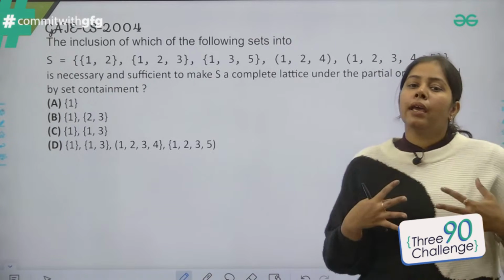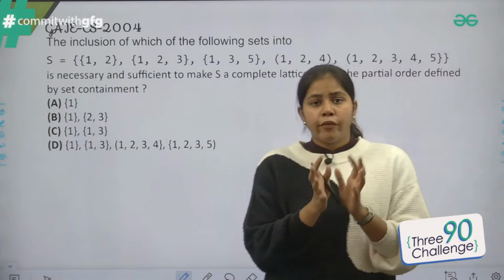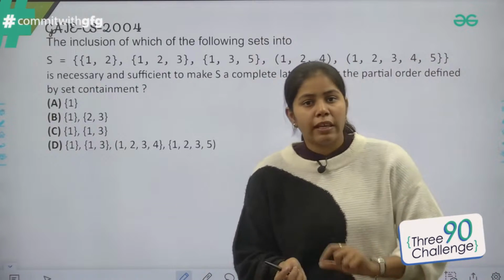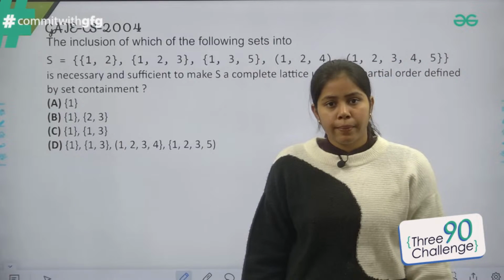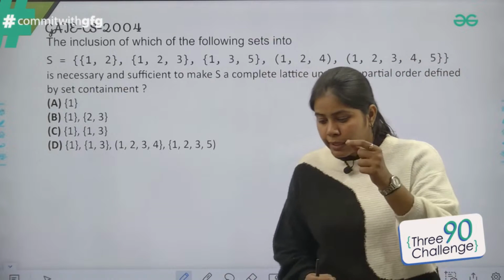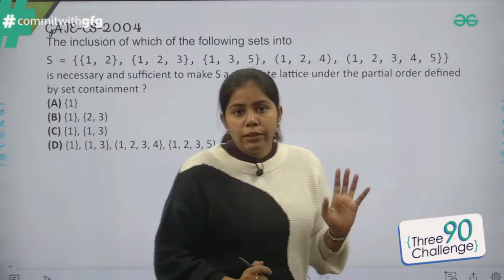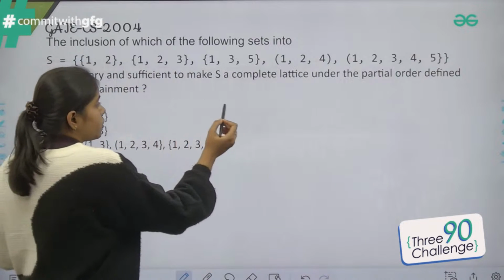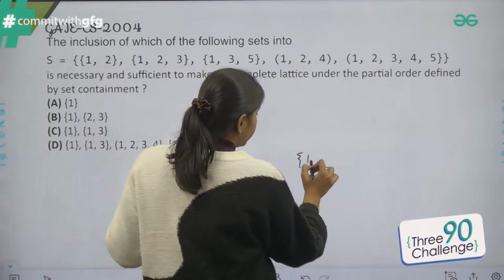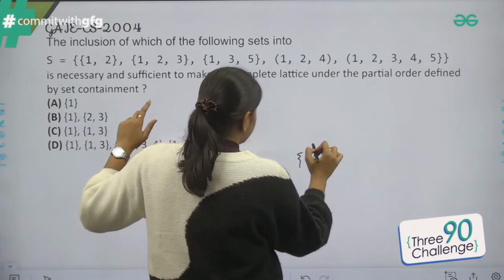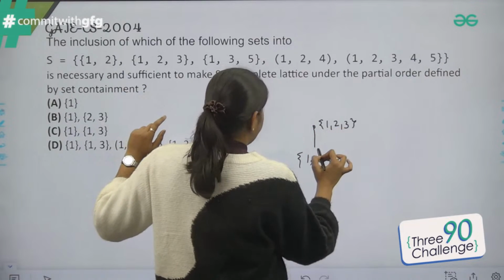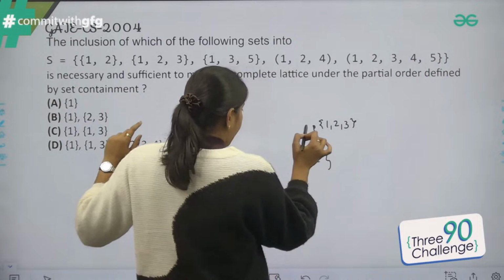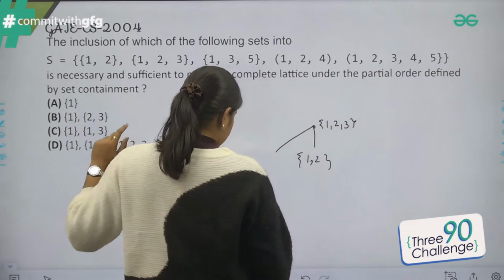So guys, I have studied that for a lattice, we have to draw a Hasse diagram. If I get a single top and single bottom, then I'll say that it's a lattice. I only require a single top and single bottom. So let's draw it. {1,2} and {1,2,3}. {1,2,3} and {1,3,5}.